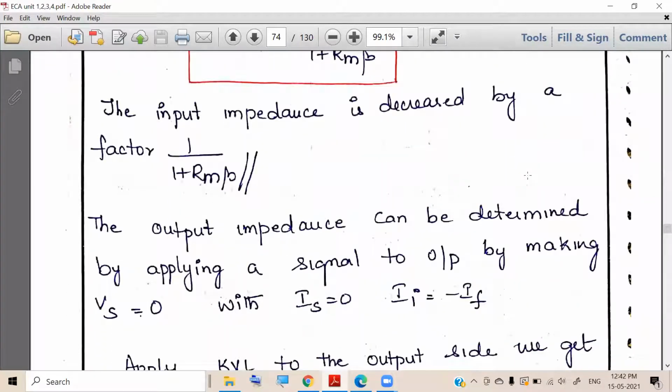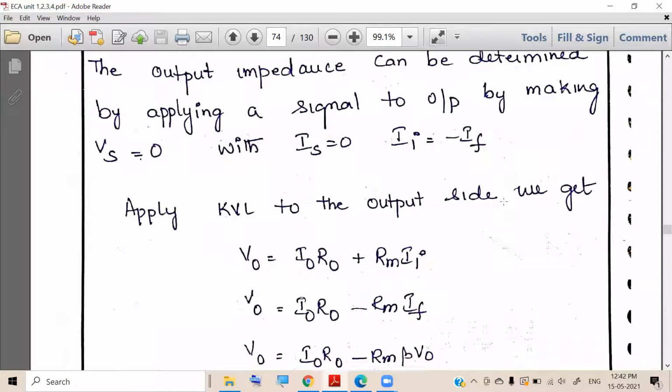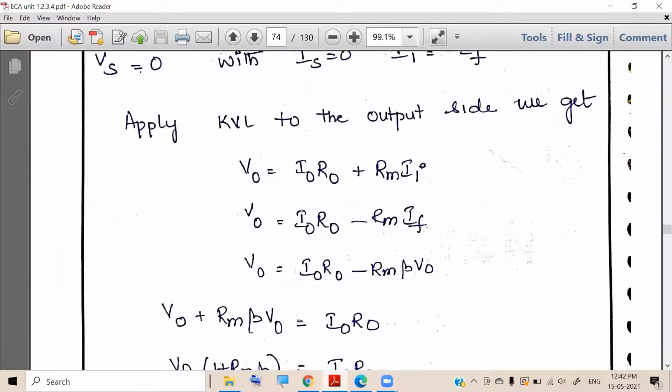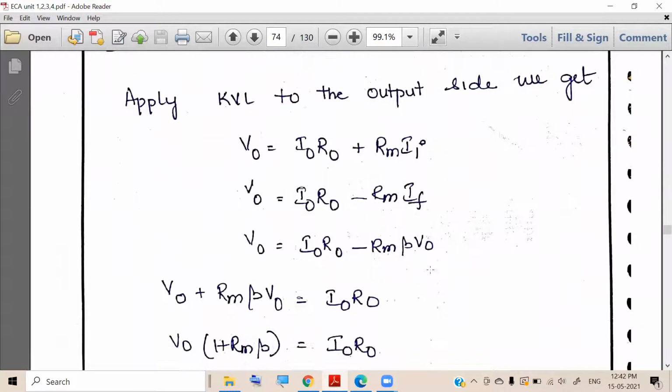In LHS also we have a V0 term, in RHS also we have a V0 term. Let us get both the V0 terms together. Sending the negative term to LHS, it becomes positive: V0 plus Rm beta V0 on the LHS, and on the RHS I0 R0 as it is.